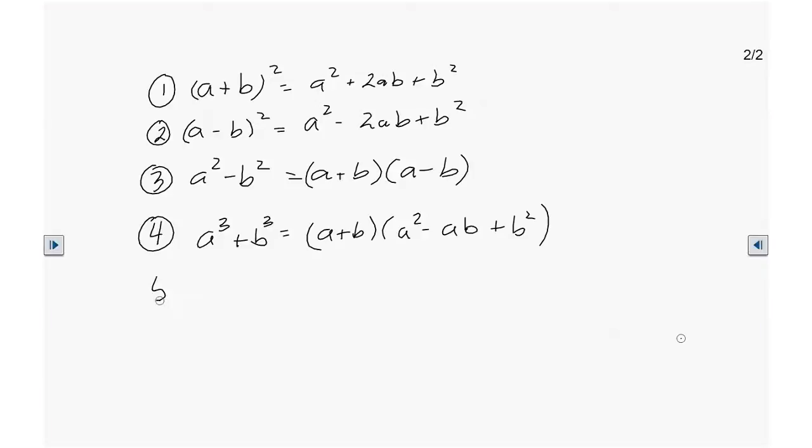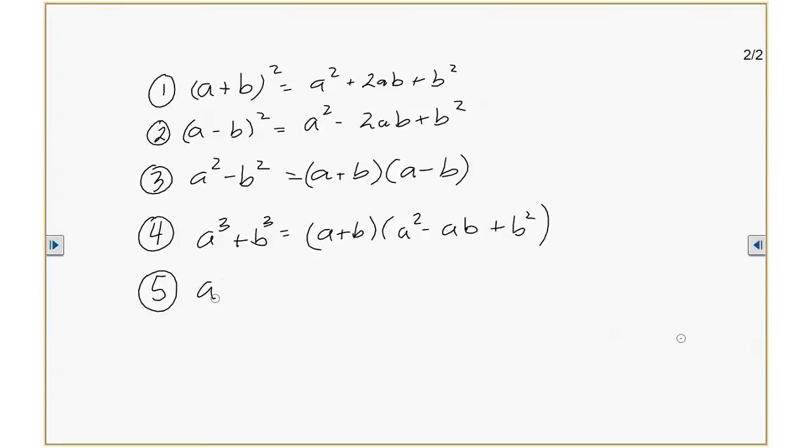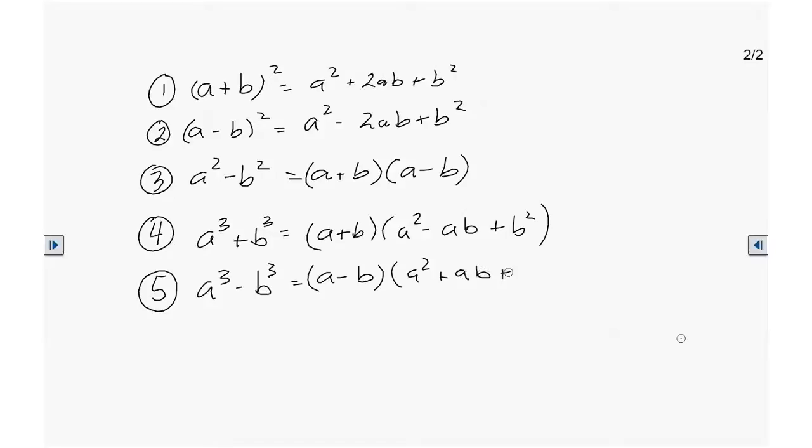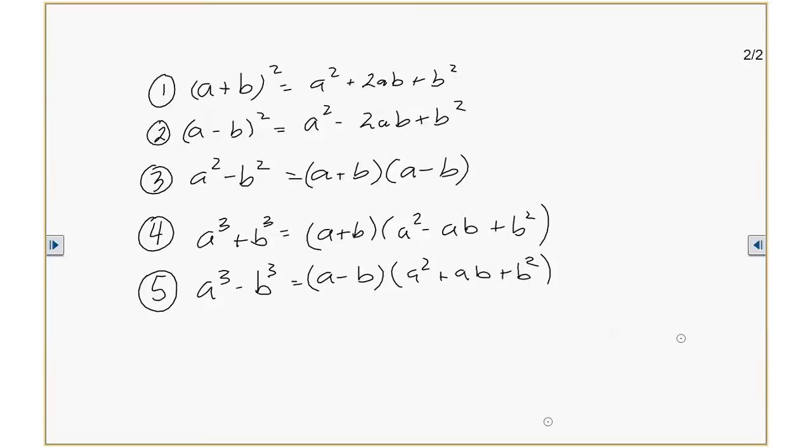And 5, a cubed minus b cubed is equal to a minus b times a squared plus ab plus b squared. Okay, that's the 5 shortcuts.